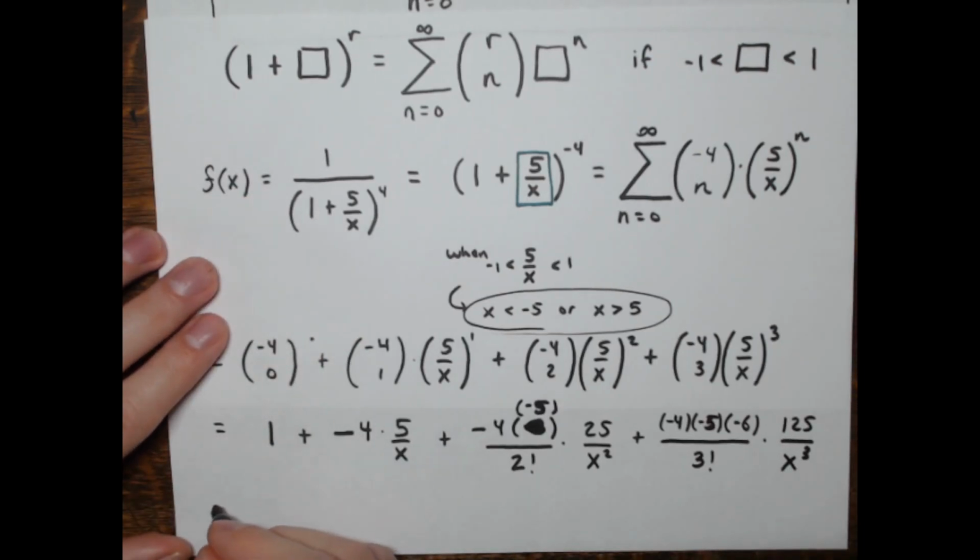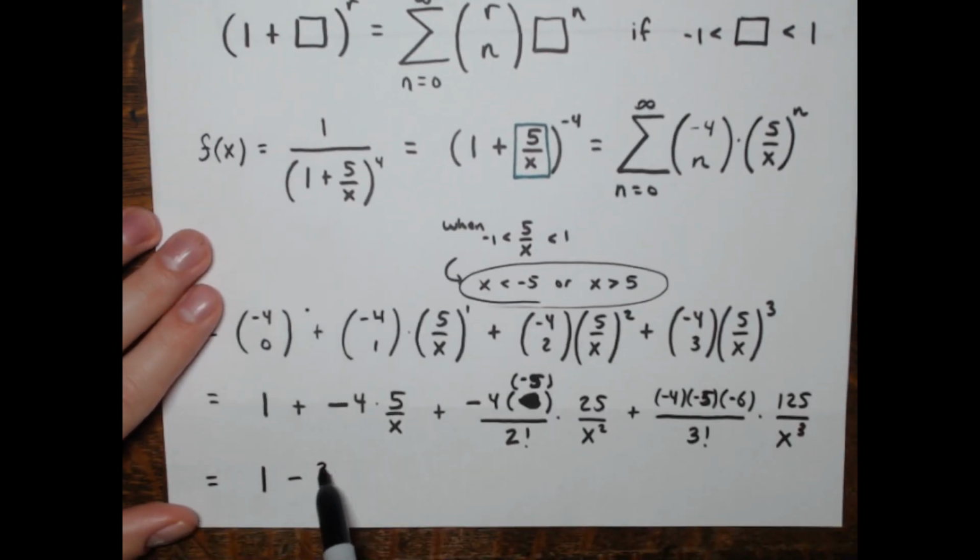All right, so now I actually simplify this stuff. First term is 1. Then we have minus 20 over x for the next term. And this is positive 20, but divided by 2 would be 10 times 25 is 250, so plus 250 over x squared. And then 3 factorial is 6, so that'd just be negative 1 now.